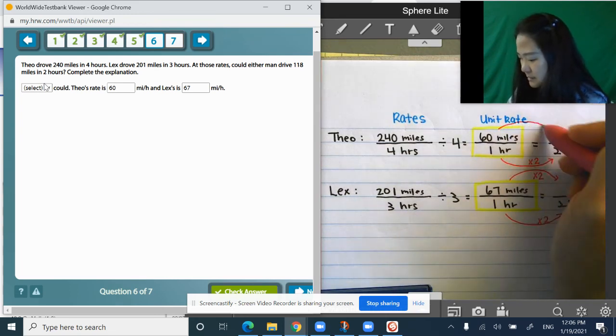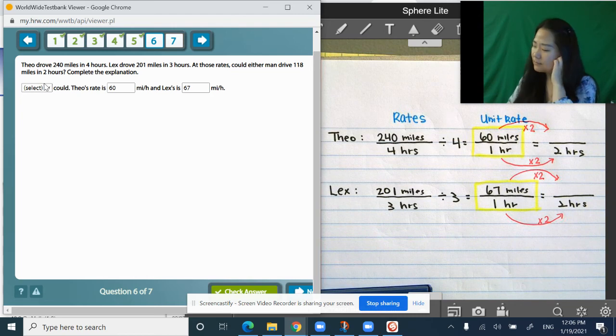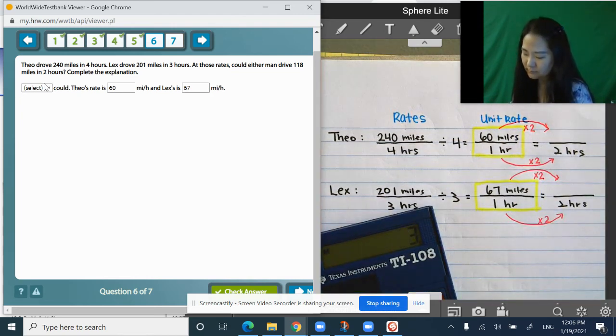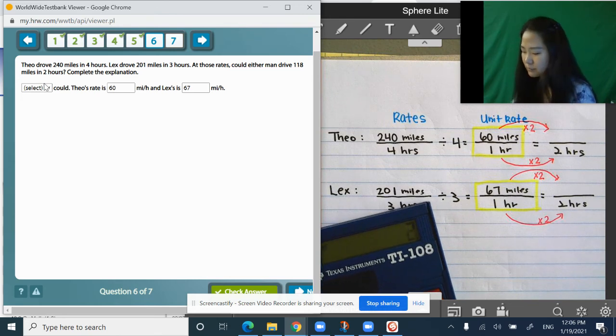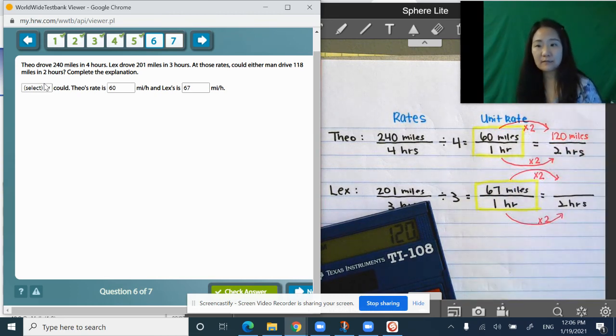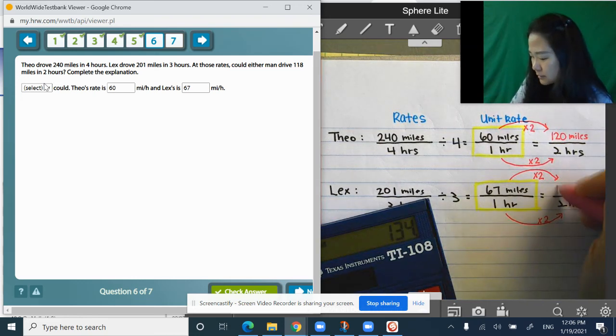So I'm going to do 60 miles times 2 and find out. Well, 60 times 2, it's 120. You don't really need to use a calculator, but I just want to demonstrate. 67 times 2 is 134 miles.